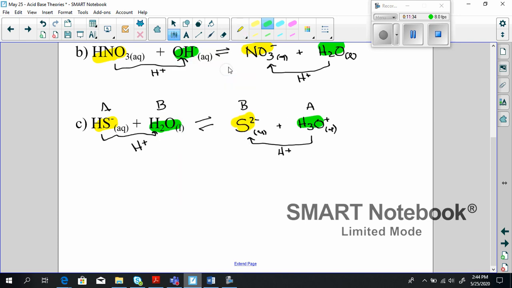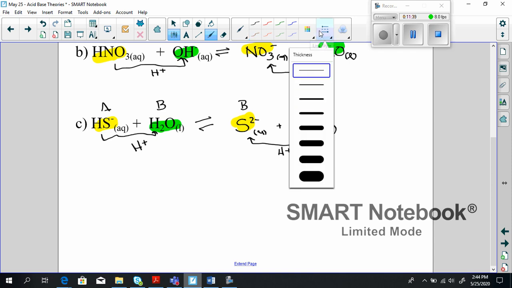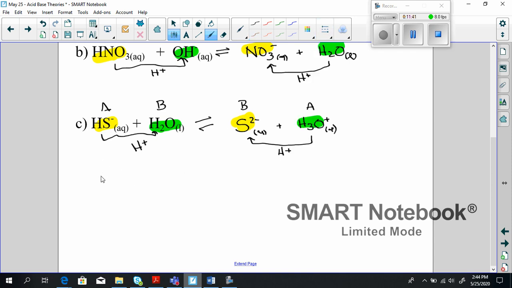So there's one example. The second example would be if the two substances act in the opposite way. So instead of HS negative donating here, we would say HS negative is going to accept. So if that was the case, we would say HS negative plus H2O, equilibrium arrows.